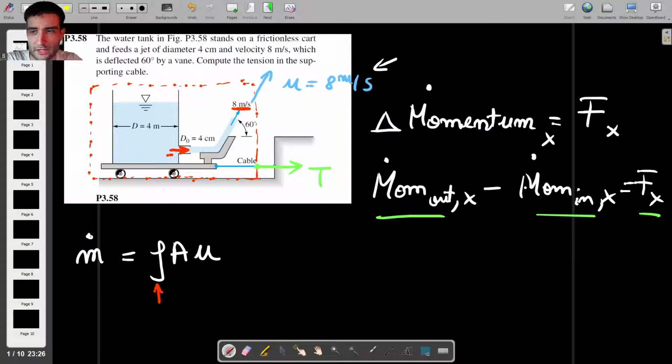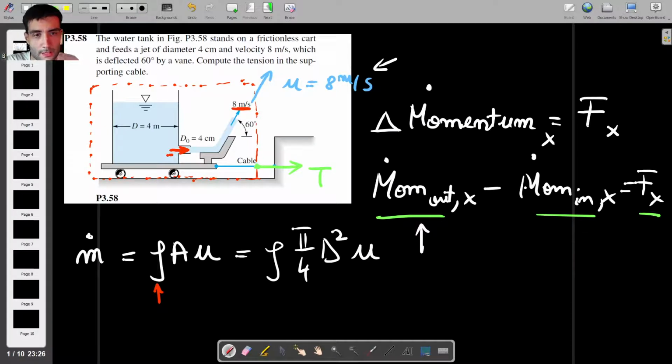So we can find the mass flow rate in this way, and that is rho, and then the area is just pi over 4 d squared, or pi r squared if you want to calculate the radius first, and then that times u.